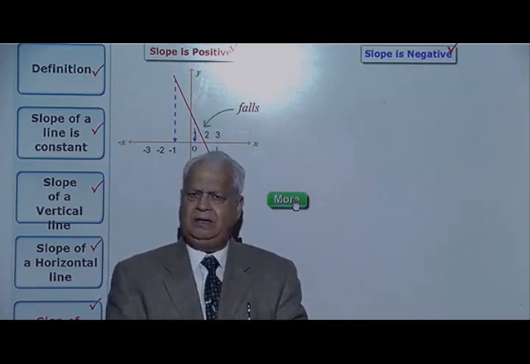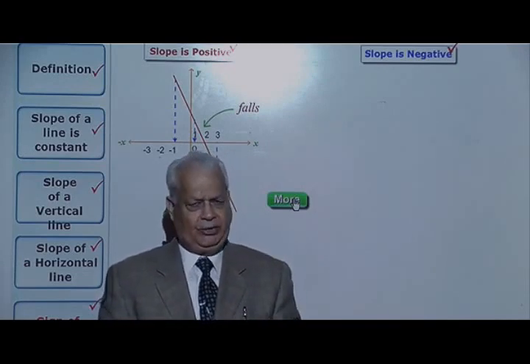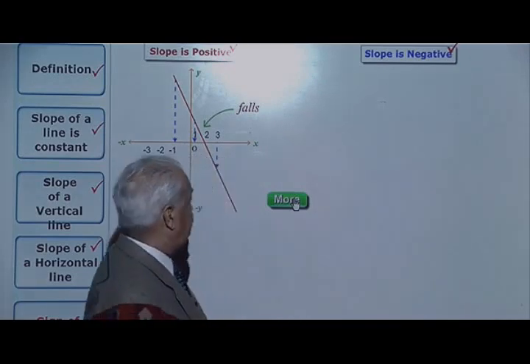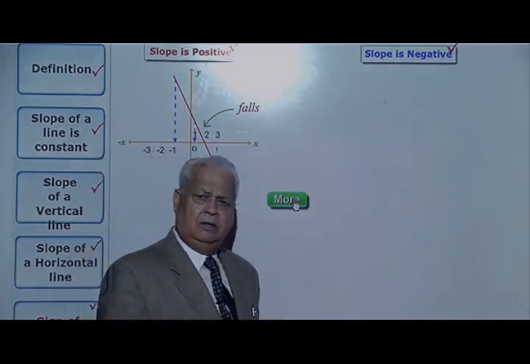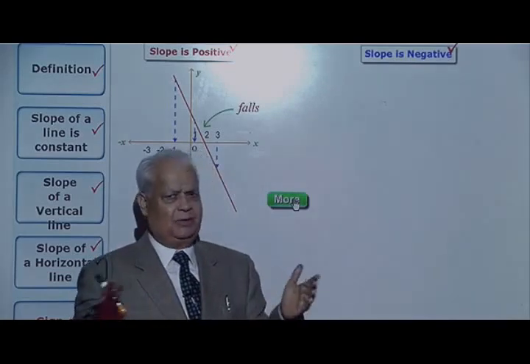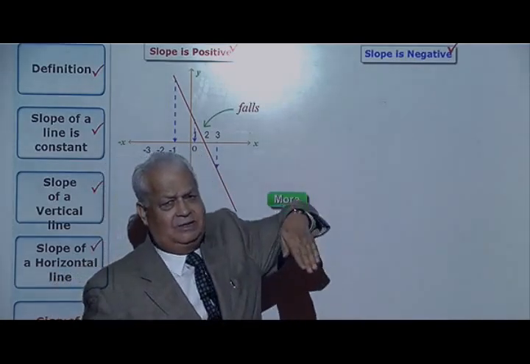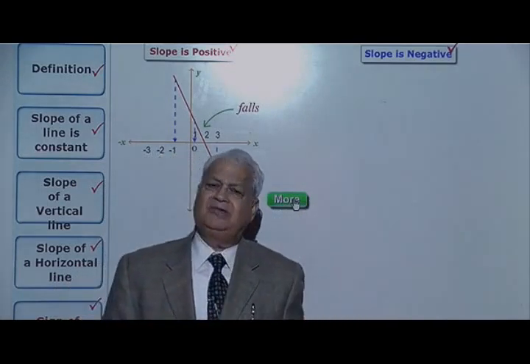Slope of a vertical line is undefined. Slope of a horizontal line is 0. And when the line goes up and up as you move from left to right, its slope is always positive. And if you move from left to right and the line is going down, the slope is always negative.